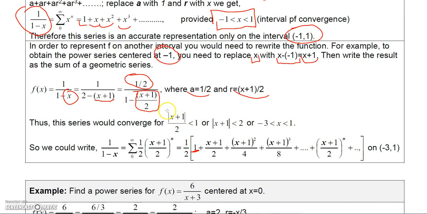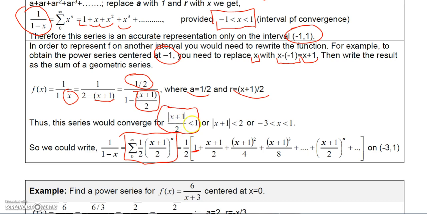Now, we know that we can write 1 over 1 minus x as this geometric series, a times r to the n. But now, where does it converge? To find where it converges, remember I have to take the absolute value of r and set it less than 1 to find the interval of convergence.